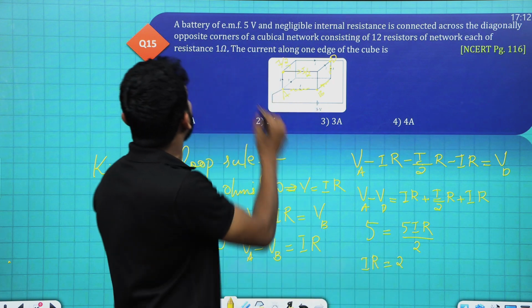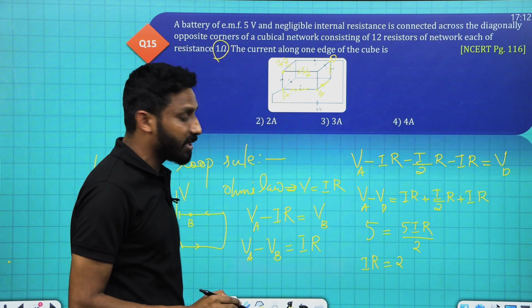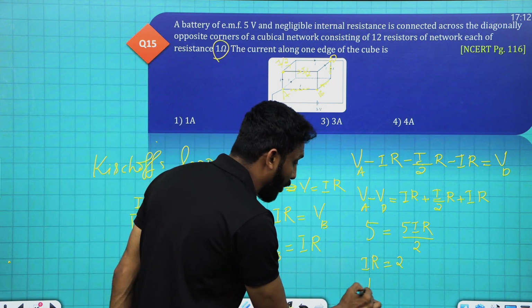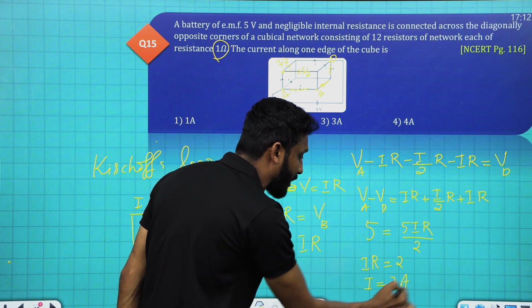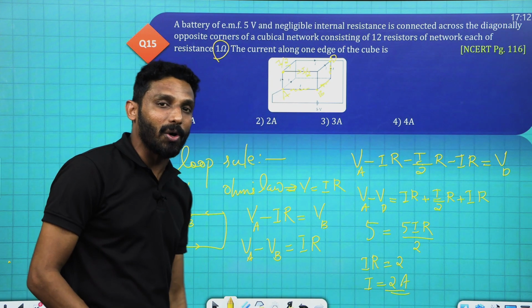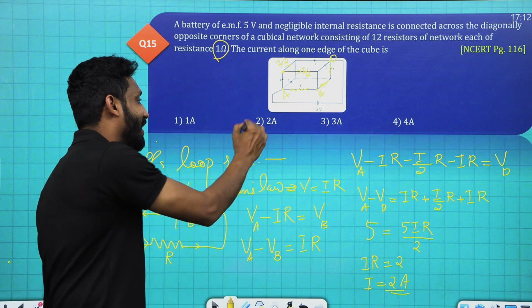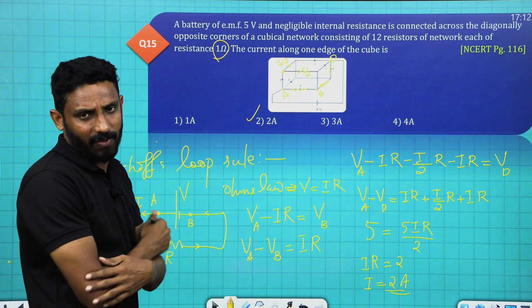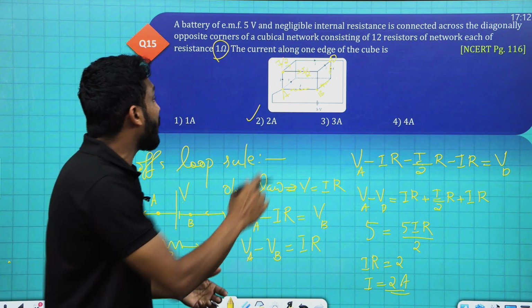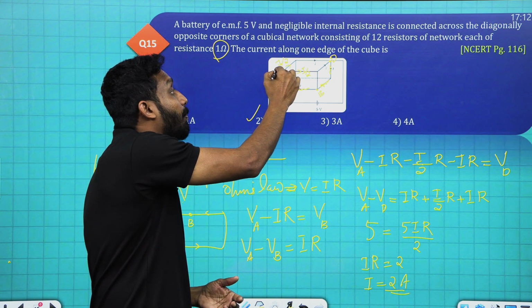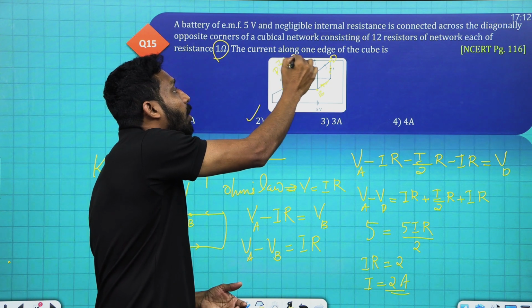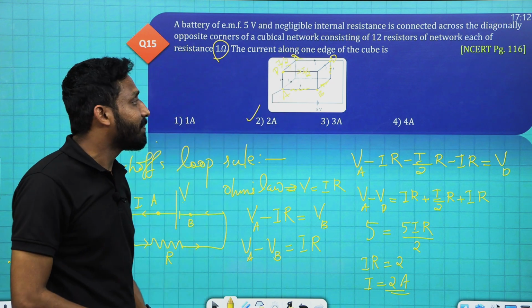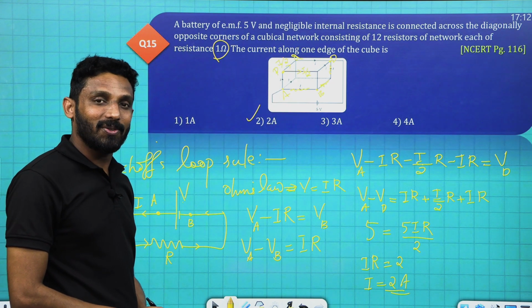R is given in the question as 1 ohm, so I is equal to 2 ampere. Very easy. Then I by 2 will be 1 ampere. If in the question they are asking what is the current across PQ, then our answer is 1 ampere. Understood?